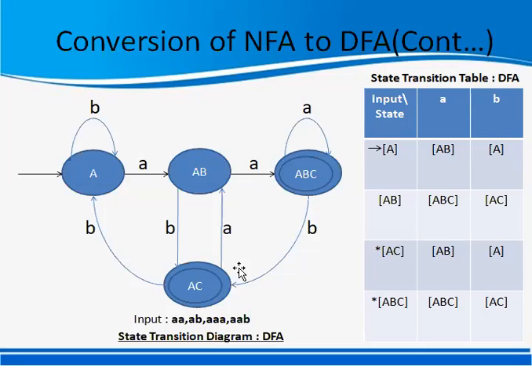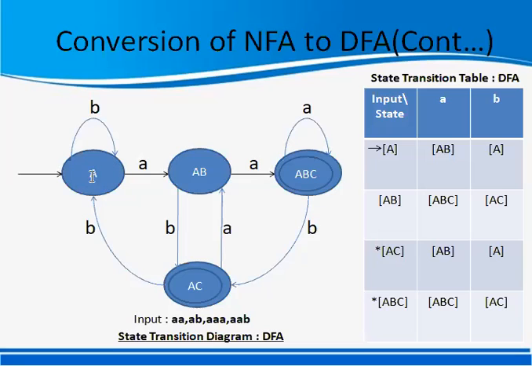So this will be the equivalent DFA that will accept the given language. Here you can see, when we start from the initial state A, with input small b, the next state will be A, and there may exist any number of b here.